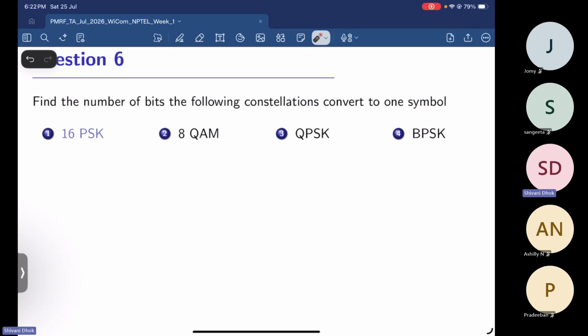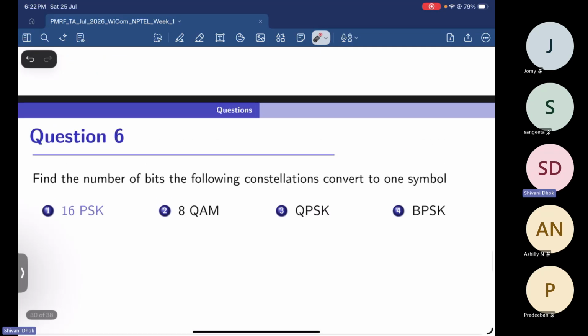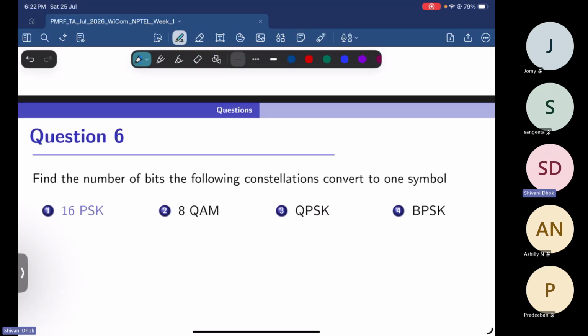So as I mentioned earlier, you get a sequence of bits, and you group them in k bits, or group k bits.